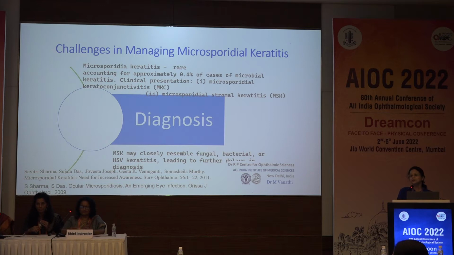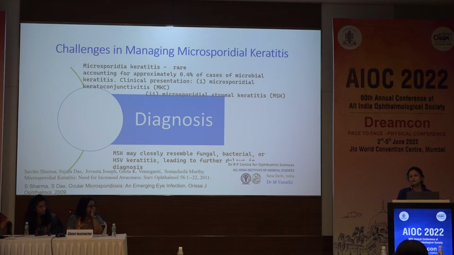The reason we don't pick it up is that it's a fleeting condition and tends to be self-limiting, and the epithelial keratitis lesions disappear most of the time with the frequent fluoroquinolone antimicrobial therapy we give for all conjunctivitis. So that's commonly the reason why we tend to miss microsporidial keratoconjunctivitis.